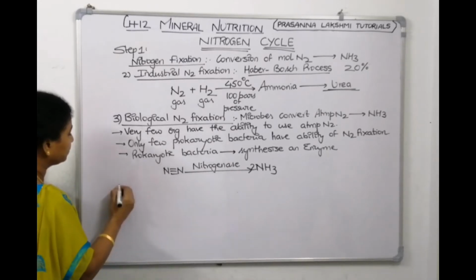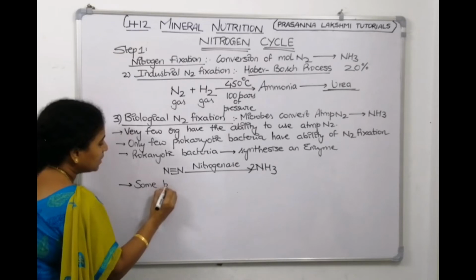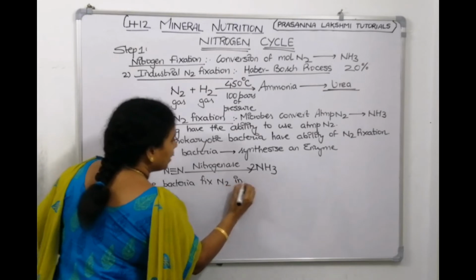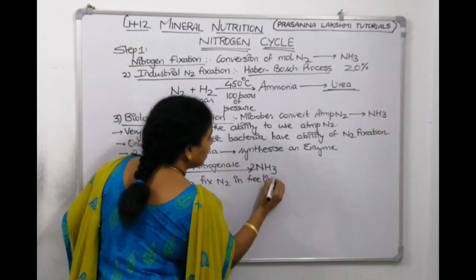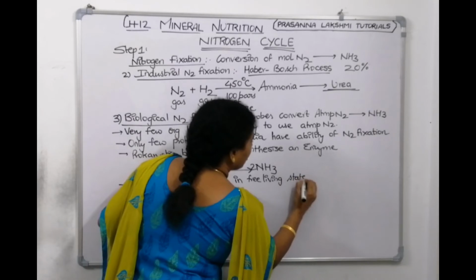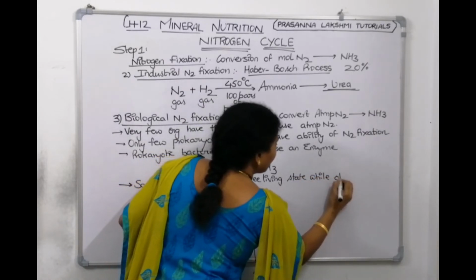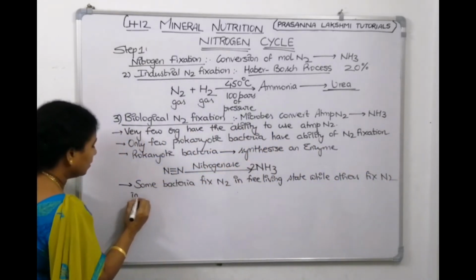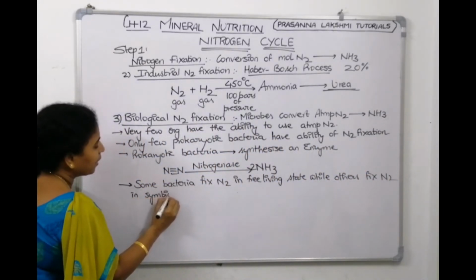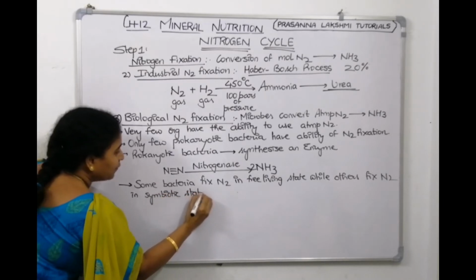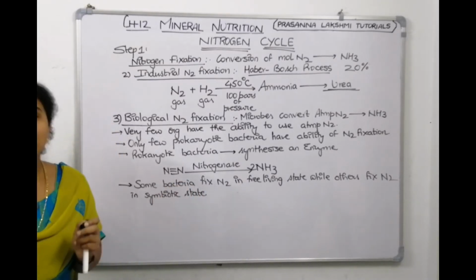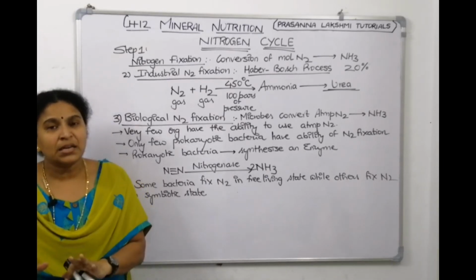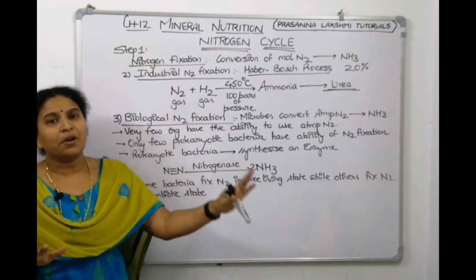So let us write: some bacteria fix nitrogen in free living state, while others fix nitrogen in symbiotic state. Now we will see the examples of free living prokaryotic bacteria, then the examples of symbiotic bacteria.